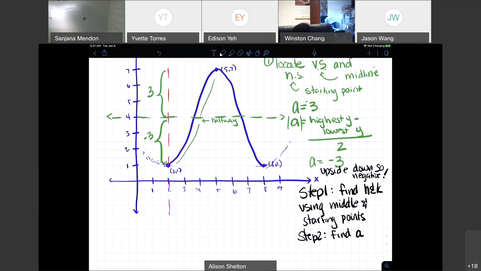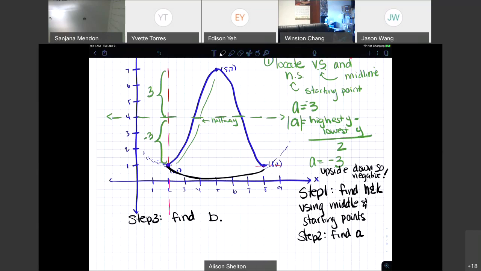The only other thing that we need to figure out is what the period is. We need to find b, and we do that using the period. So in this case, the period is the distance it takes for it to repeat.